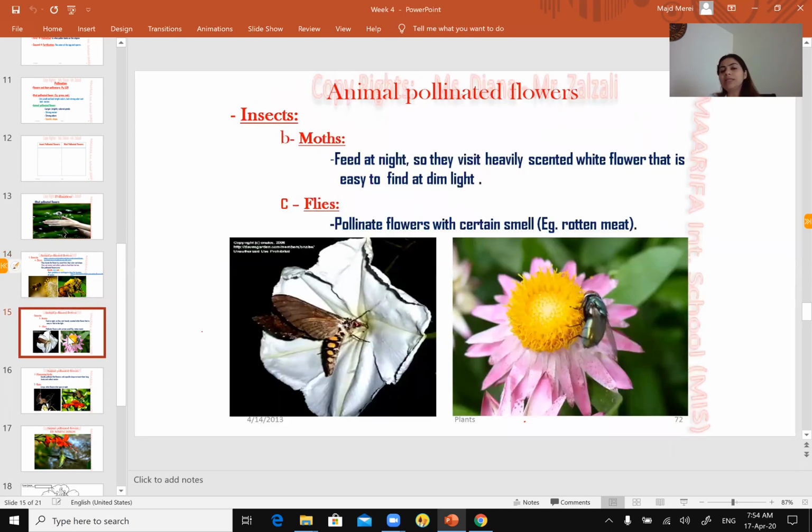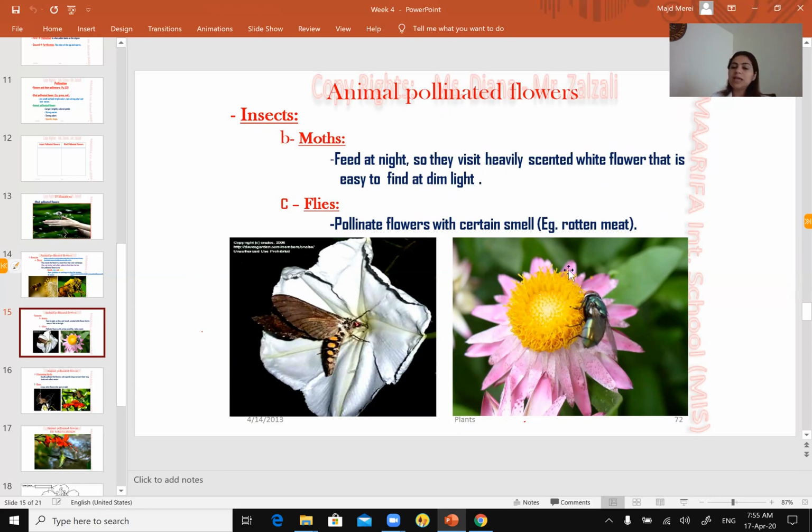What about other insects? Moths, they feed at night. Since they feed at night, keep that in your mind, okay? That they will look for flowers with what? With white color. And they look for the scent, okay, the strong odor. They visit heavily scented white flowers that are easy to find at dim night.